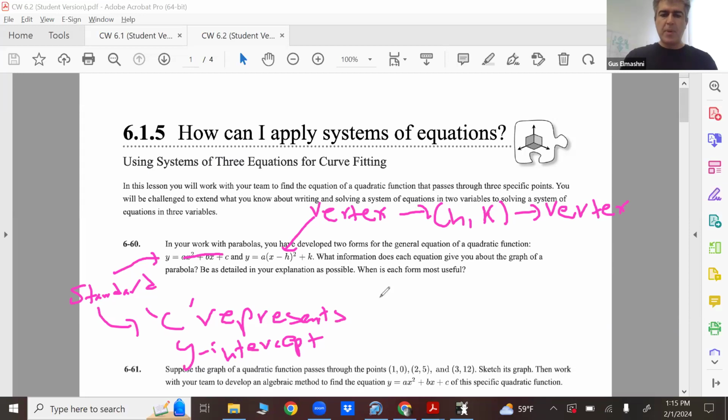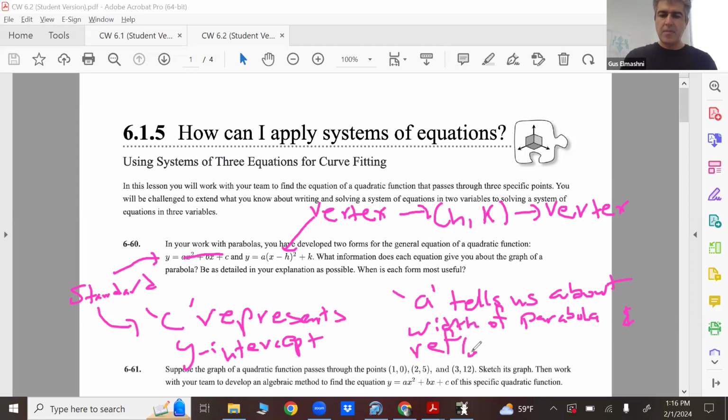But what they both help you with: a tells us about the width of the parabola and reflection about the x-axis.